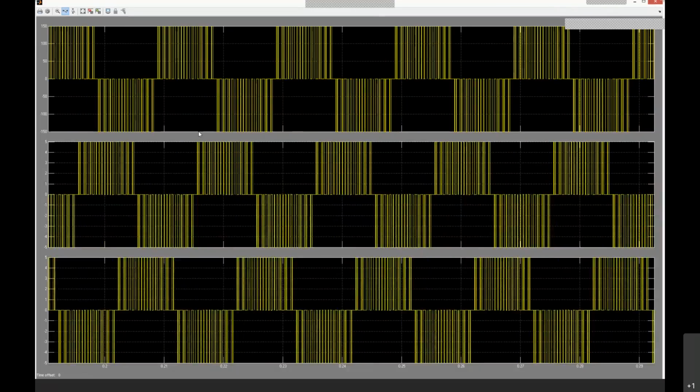So let us see the phase voltage, right? The top one is A phase, B phase, C phase. If you notice, you can see that 120 degrees is displayed between A phase, B phase, and C phase.